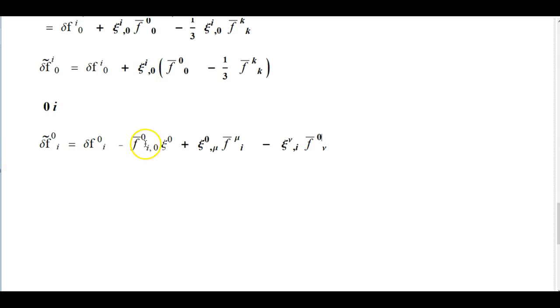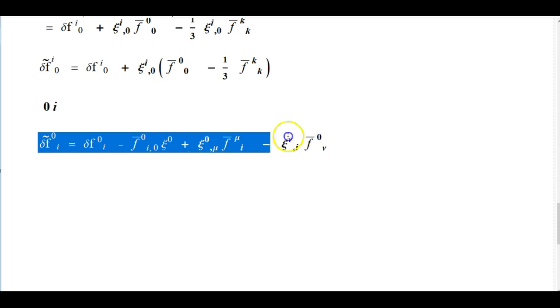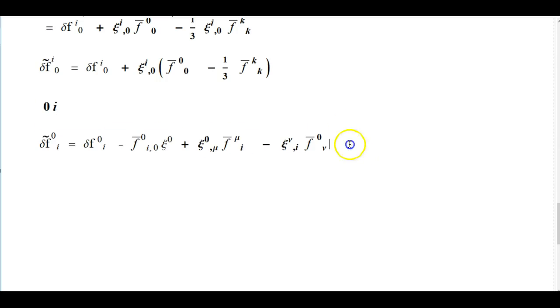Okay, now for this 0i, again f bar alpha beta is a diagonal matrix, so the non-diagonal component will vanish. This is the non-diagonal component, second term. So let's do that simplification. Okay, this will vanish.